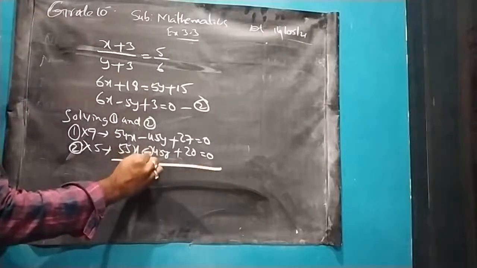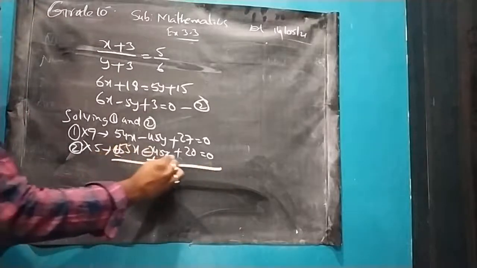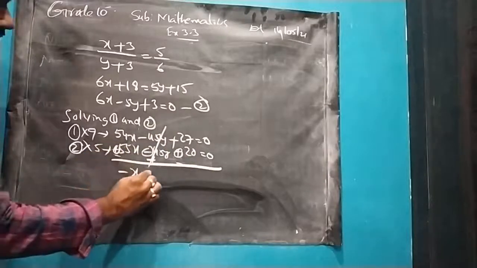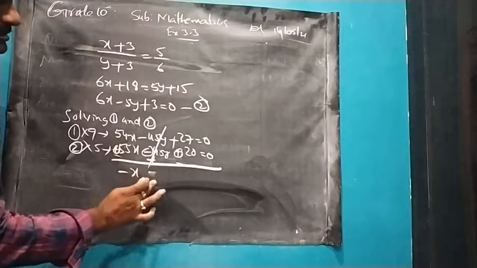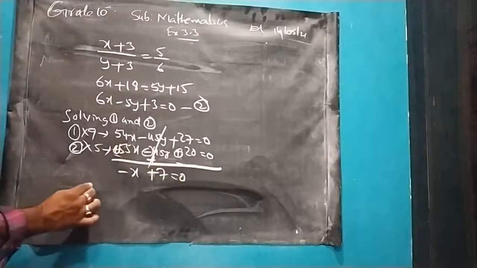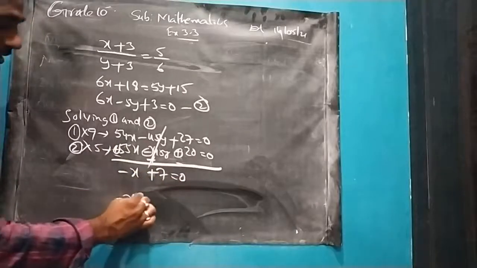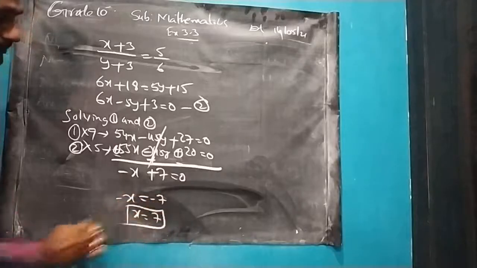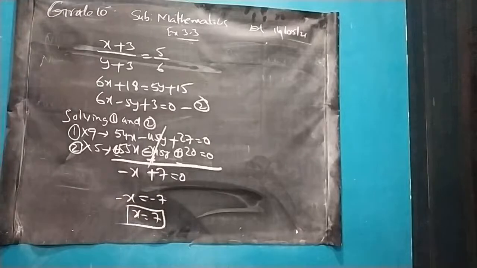So let us change the symbols here. Plus, minus, minus. So these two get cancelled. So minus x plus 7 is equal to 0. Minus x is equal to minus 7. x value is 7 here. So I got the numerator as 7.